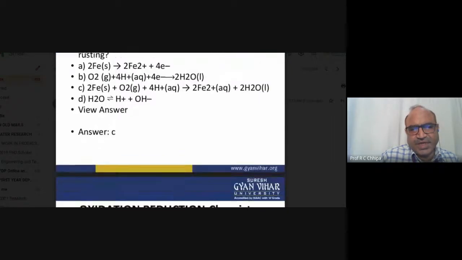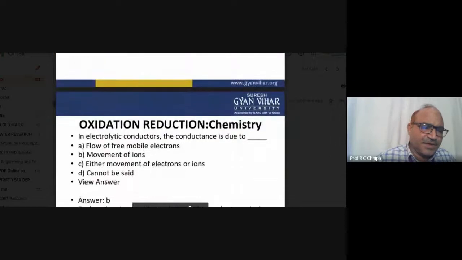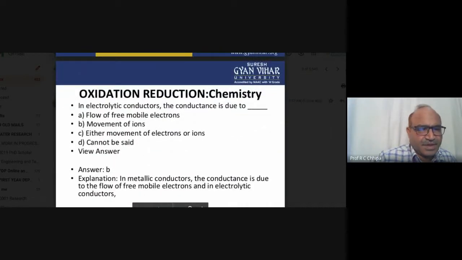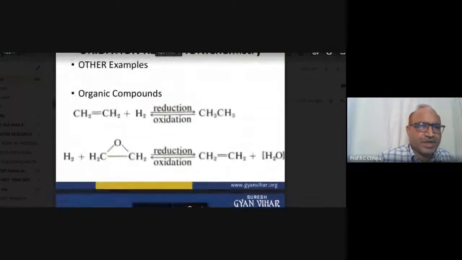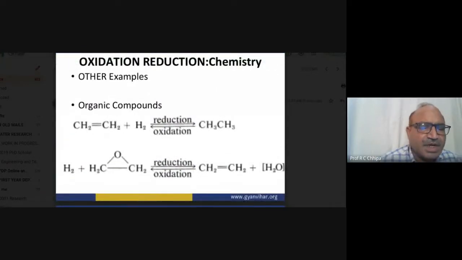So let's take another example; we can explain different examples, even the most common ones in organic compounds. What happens in organic compound oxidation and reduction? Here, hydrogen is added.